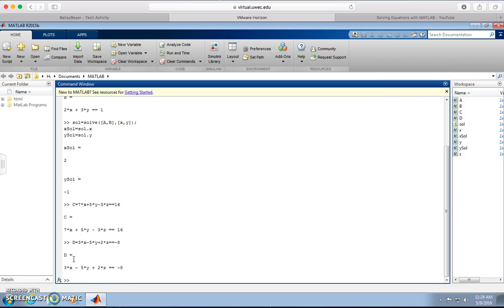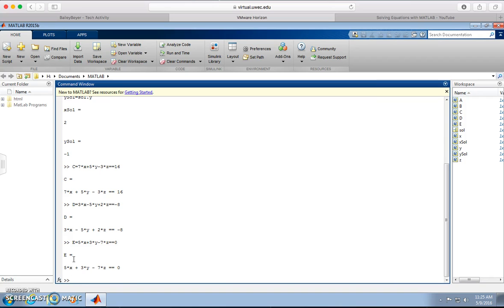Hit enter. And E to equal 5 times x plus 3 times y minus 7 times z equals 0. So we have our equations C, D, and E.